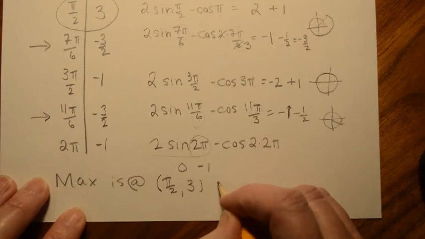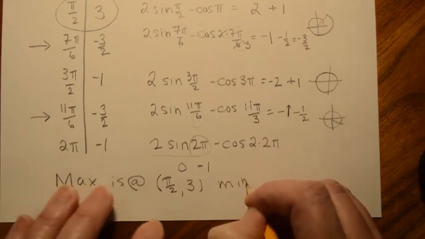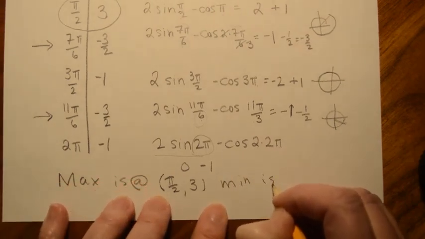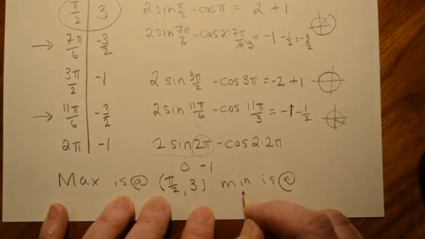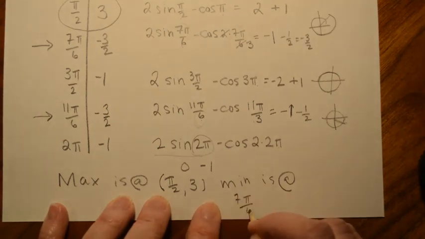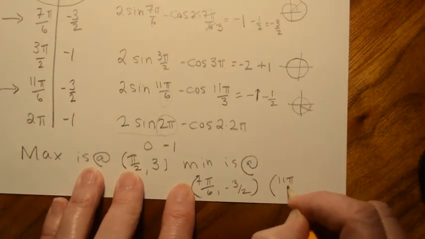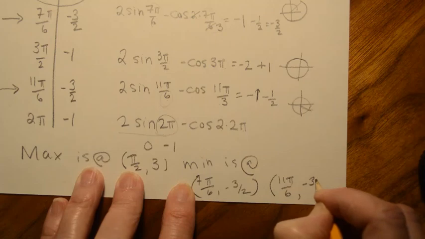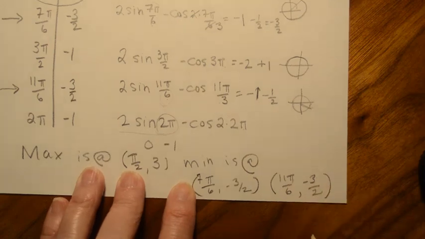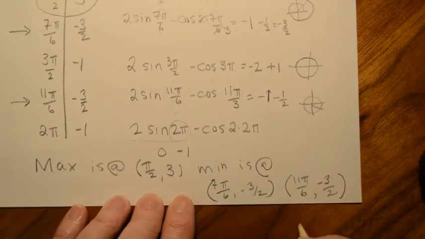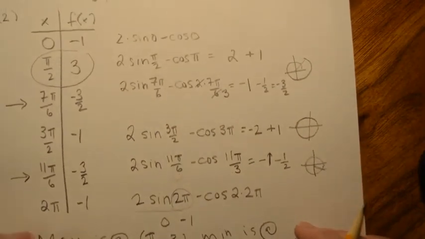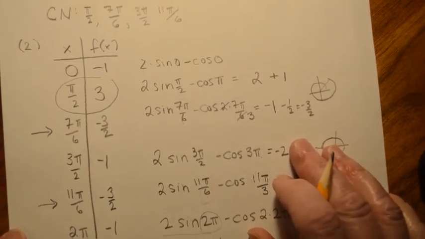And the min is at 7 pi over 6, comma, negative 3/2, and 11 pi over 6, negative 3/2. Yeah, negative 3/2. The trig was beastly there, but again, the 4 steps are the same.